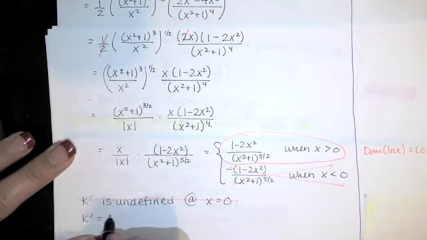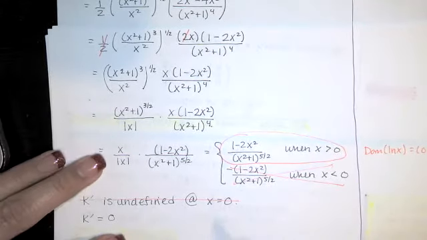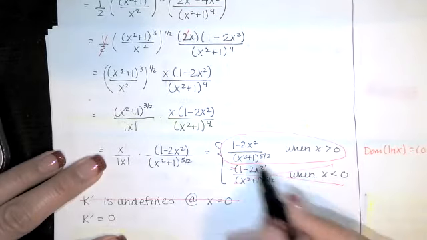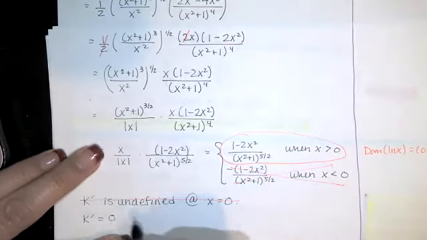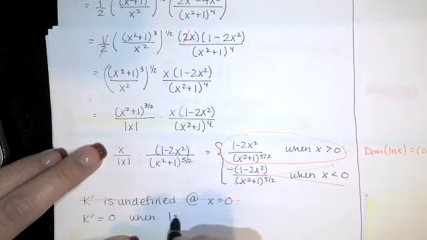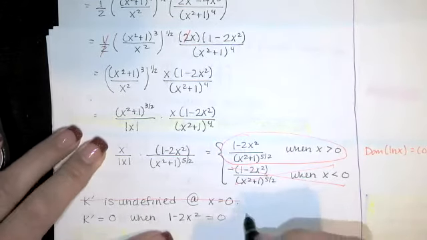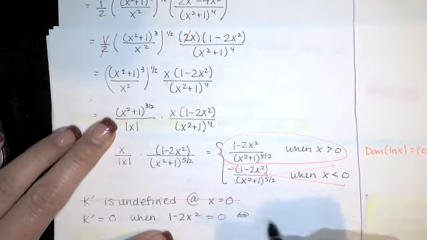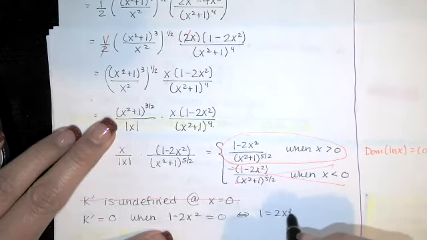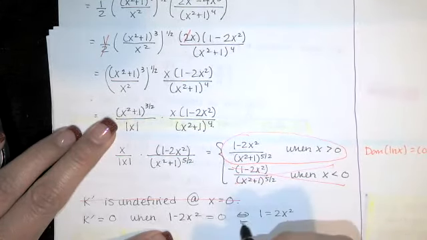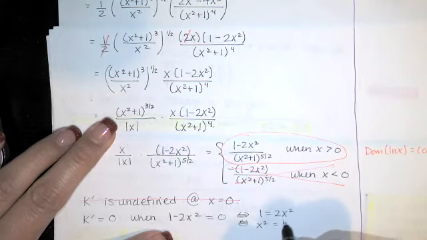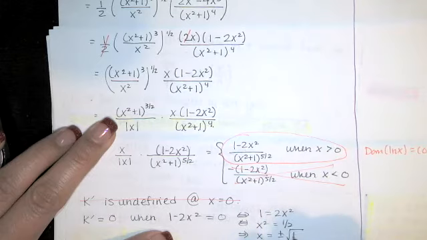The only time that this will be 0 now, that's our concern, is when this fraction is 0. And the fraction is 0 when the numerator is 0. So we'll take this equation and solve for x. Add the 2x squared to both sides, divide by 2, solve for x, you'll get plus or minus the square root of 1/2.